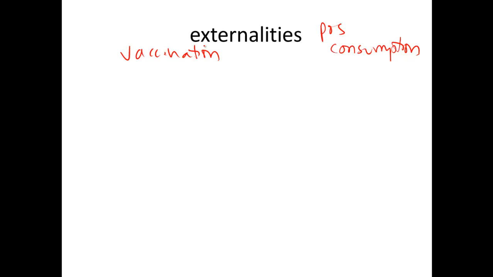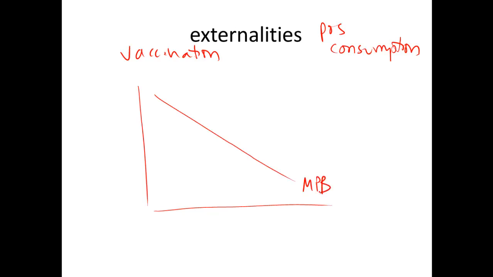And so that means that there's a divergence between what it is that causes my own demand, which is my own benefit, and the overall social benefit of doing it. And so that means that the thing that we have traditionally called demand, we might alternatively label the marginal private benefit, MPB.